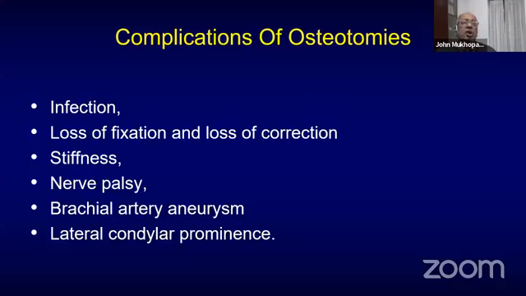Elbow stiffness, again, is not uncommon unless the elbow has been stiff before, or they've had to try post manipulation, or there's been some delay in the healing. Nerve palsy is surprisingly common in the literature. However, if you look at the various papers, close to 80% are transient and tend to recover.